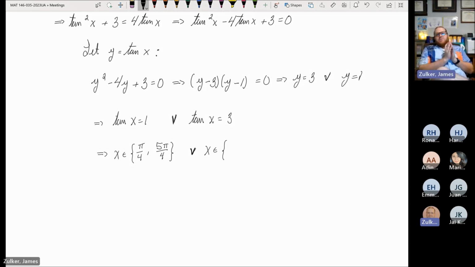So first ask yourself, what quadrants will tangent be equal to 3?